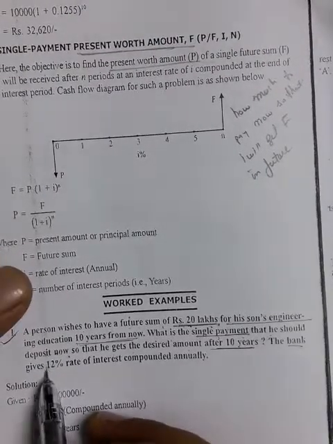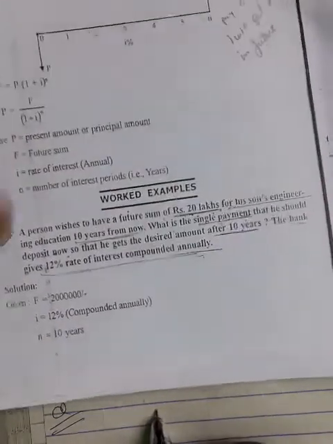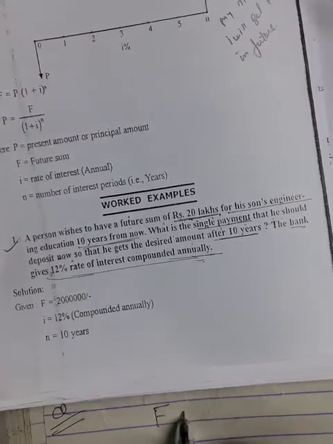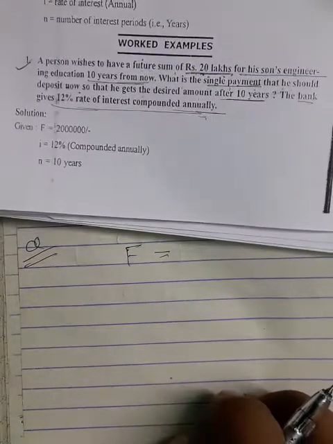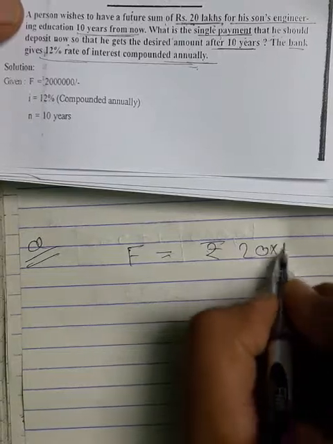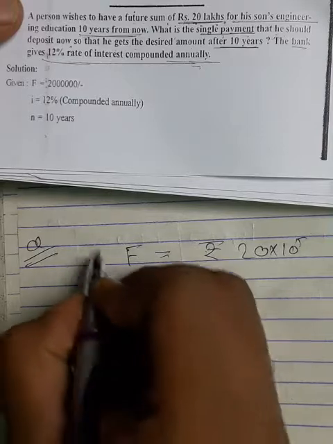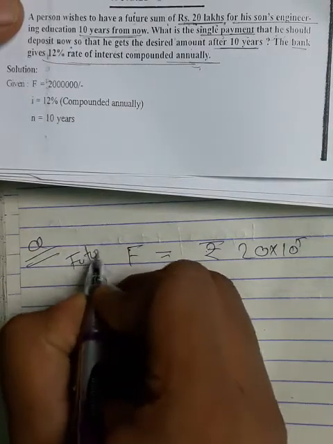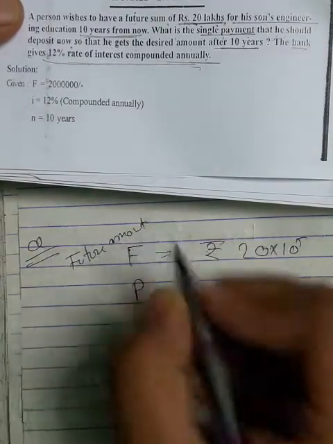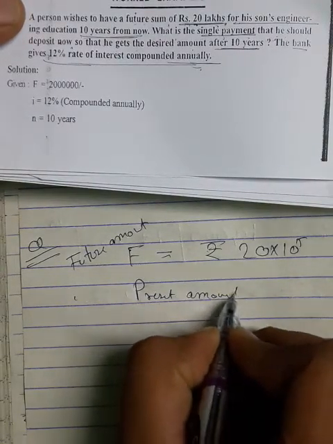The bank gives an interest rate of 12% compounded annually. So what future amount do I require? 20 lakhs, so write it here, 20 into 10 raised to 5. This is your future amount. This is your present amount, which you need to find.